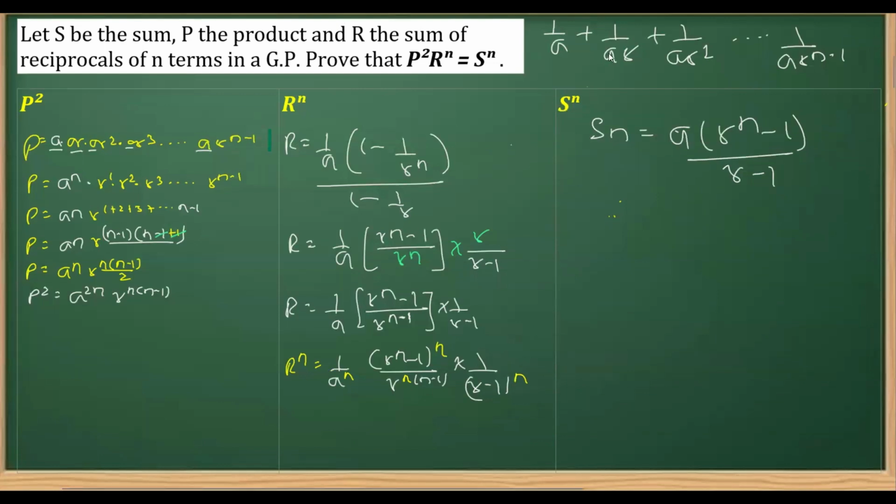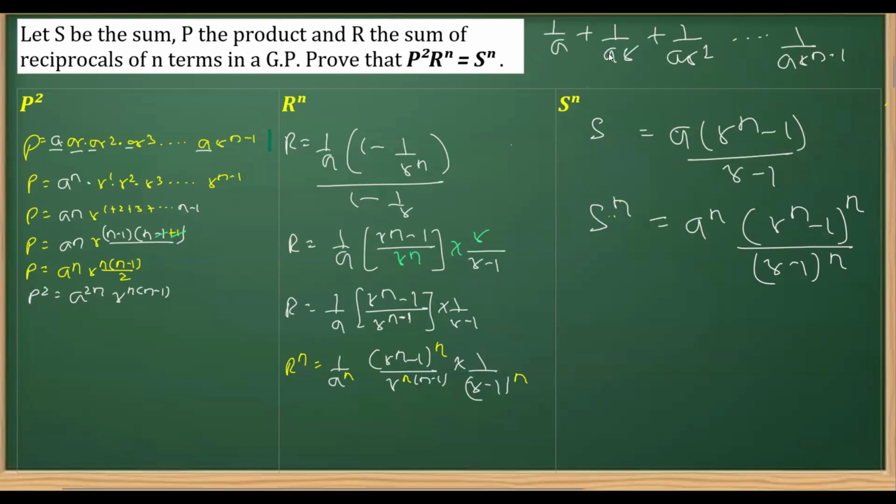Well, Sn is S here, right? So S raised to the power n, right? This is not Sn. So everywhere you will place an n power. So a raised to the power n. Similarly, r raised to the power n minus 1 whole power n, right? And then r minus 1 whole raised to the power n.